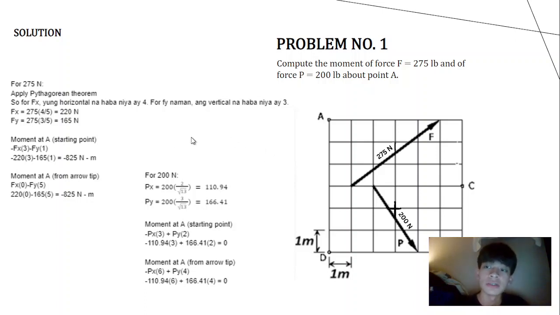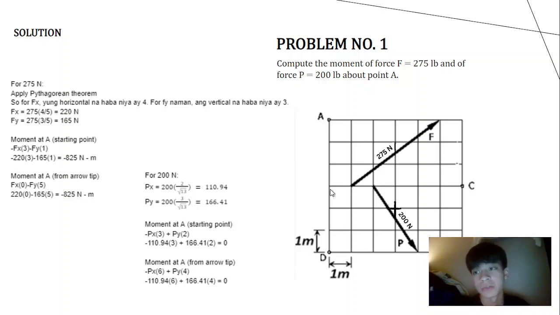So, mangyayari dun, since ang Fx, which is yung horizontal na distance niya ay 4 at sa vertical distance naman ay 3. So, square root of 4 squared plus 3 squared. So, makukuha natin dun ay 5.